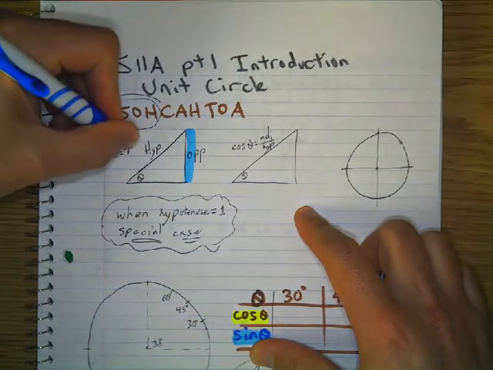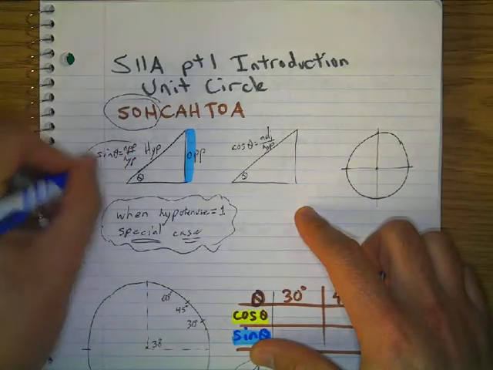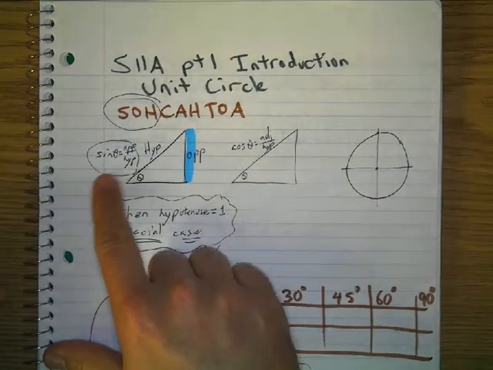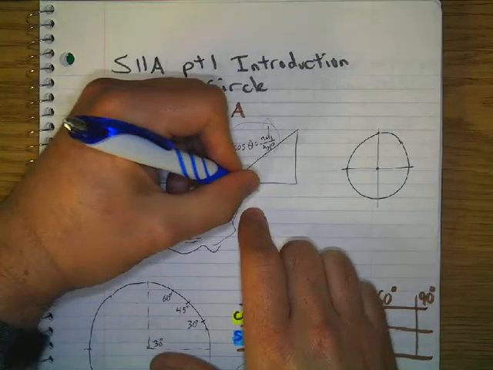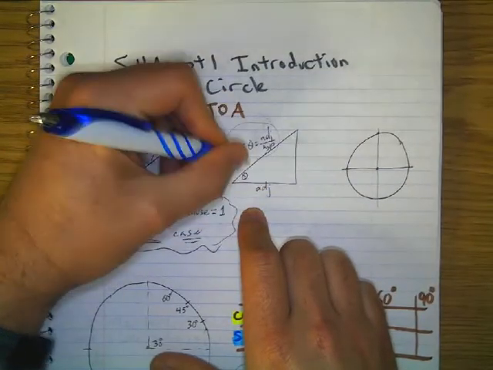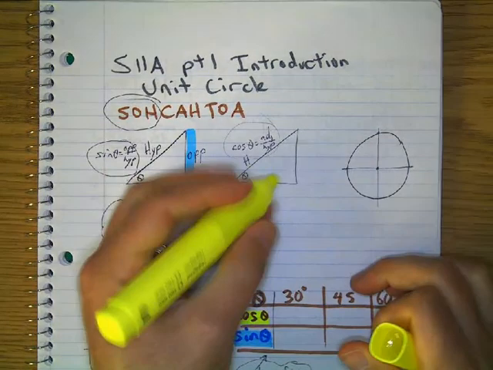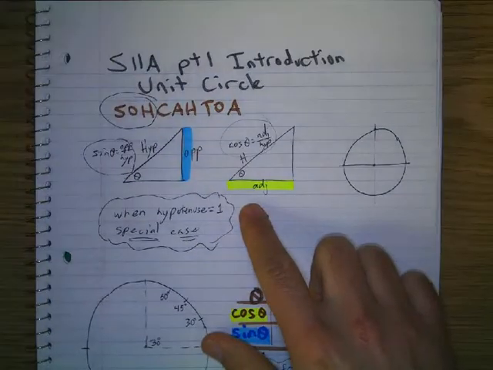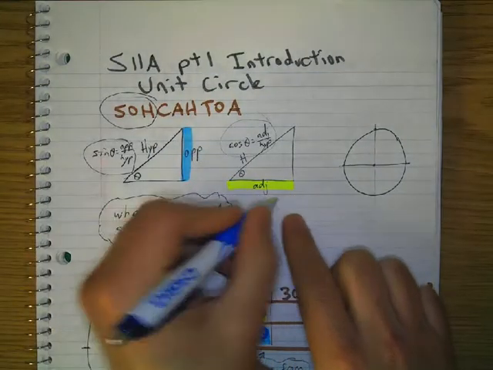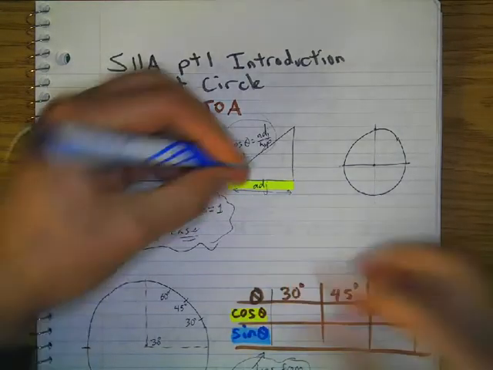Okay, so sine theta is opposite over hypotenuse, cosine is adjacent over hypotenuse, and the adjacent side is this guy here.